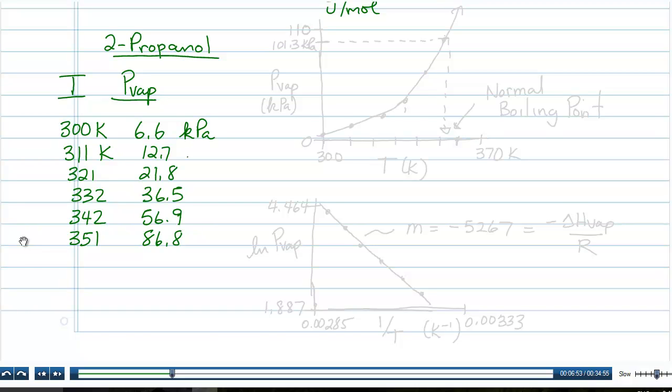In your list 2, enter the vapor pressures. 6.6, 12.7, 21.8, 36.5, 56.9, and 86.8. Double check that you've got the same number of values in each list. And now let's go make a stat plot.